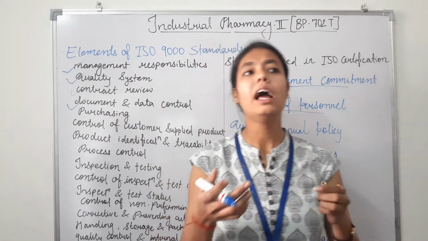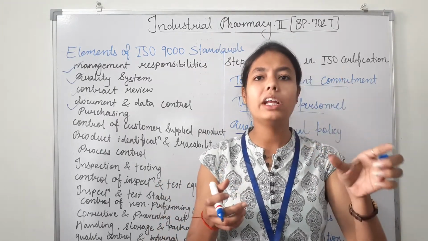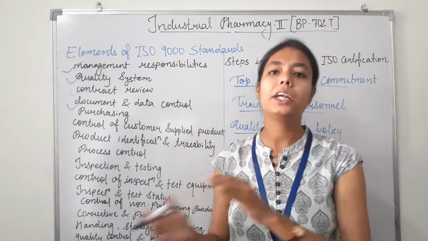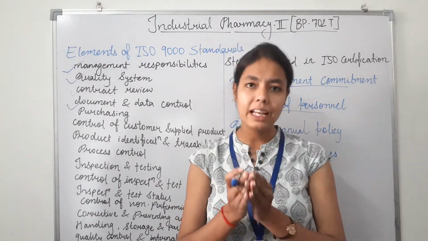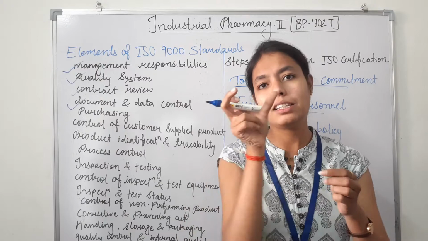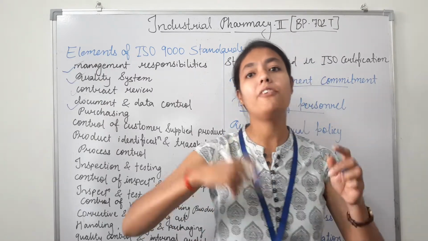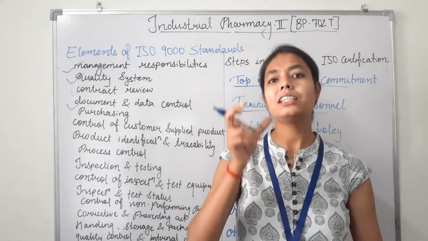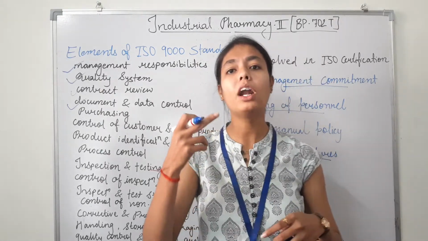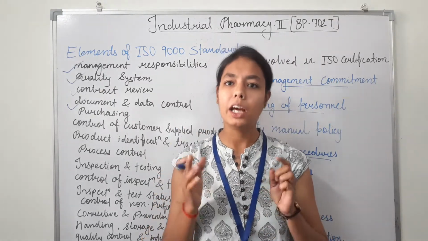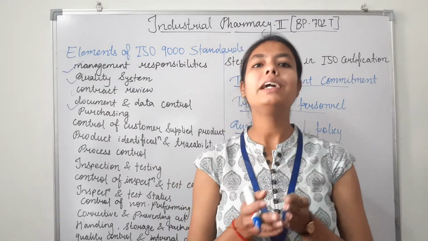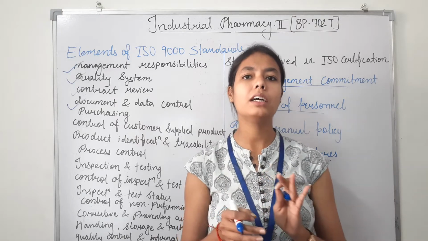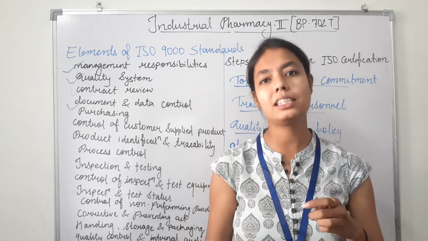For example, in our organization also we have a standard operating procedure for the operation of any instrumentation. After a period we have to revise it again. So in this case we have to reissue or re-revise that particular document. The documents must be positioned so that all the personnel concerned have easy access to them.